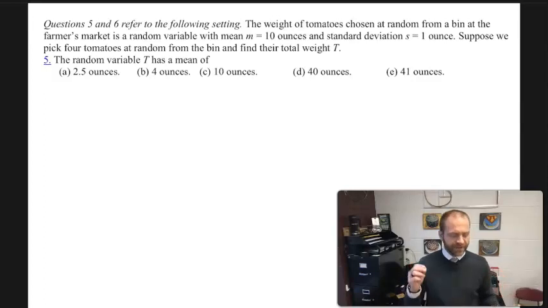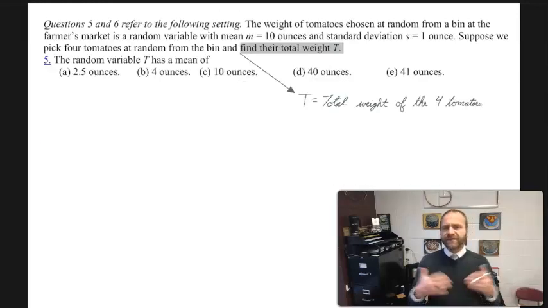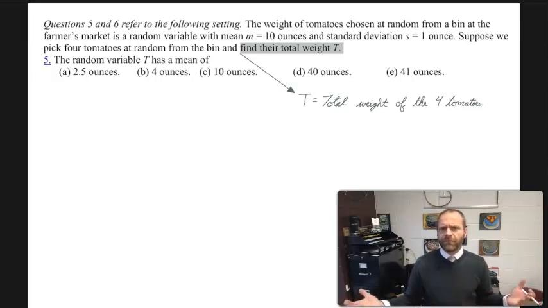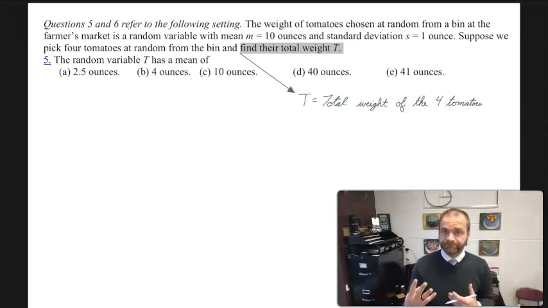So let me keep this in mind. I want to find the expected total weight of those. So I'm going to say T equals the total weight. So I define now what's going on. But first, let me do something. If 1 tomato is expected, because the mean for a random variable is what you expect, to be 10 ounces, what do you think the expected weight would be of 4 of them?